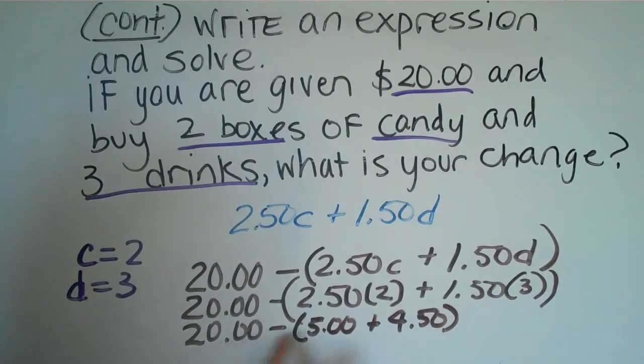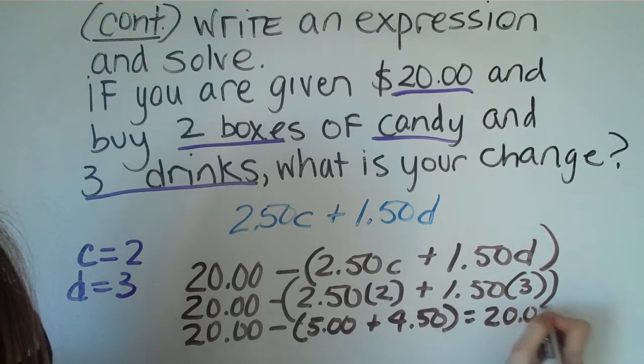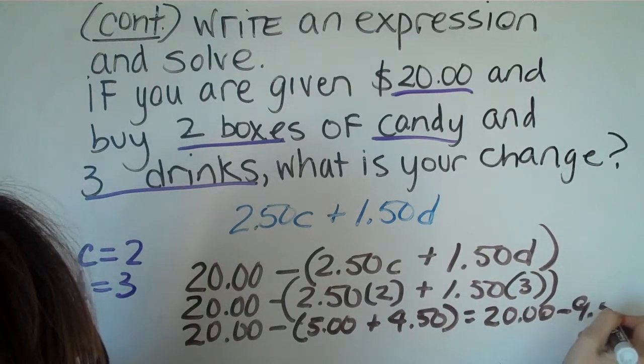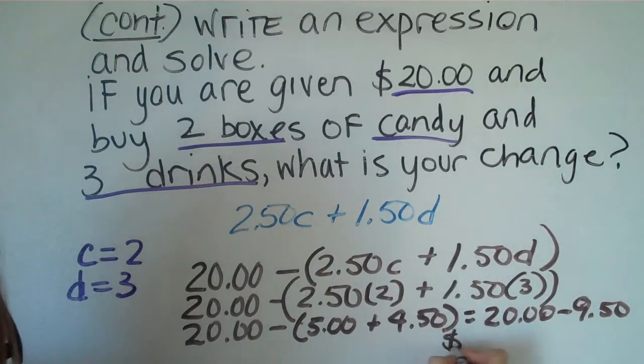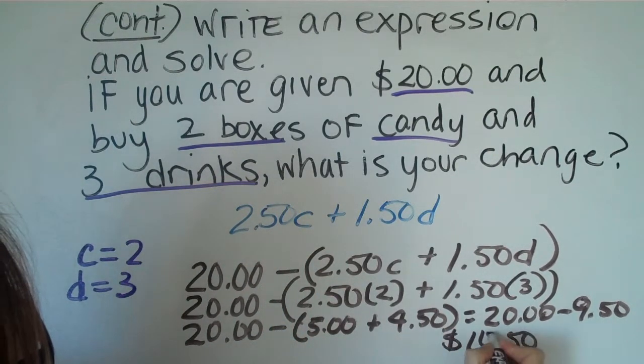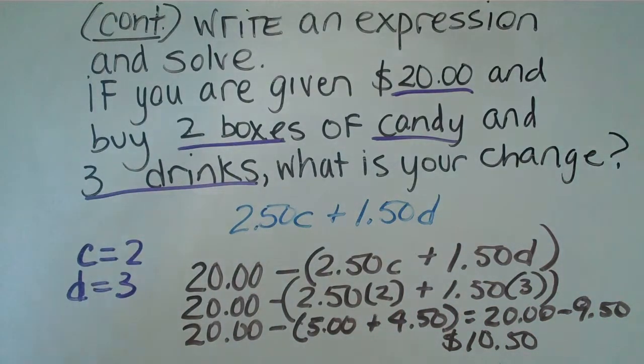This becomes $20 minus $9.50, and our total would equal $10.50. And that's the final answer. That would be your change. So the rest is just calculations.